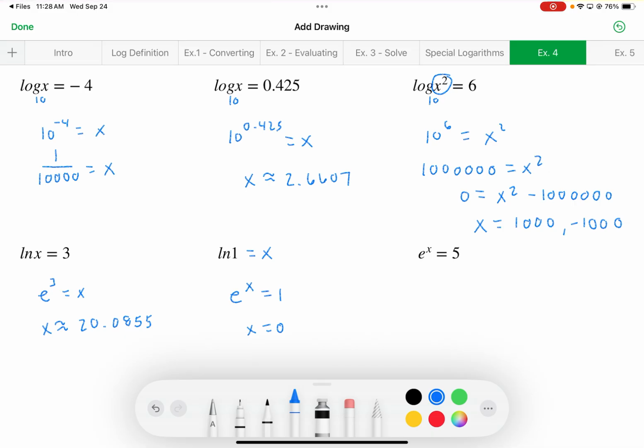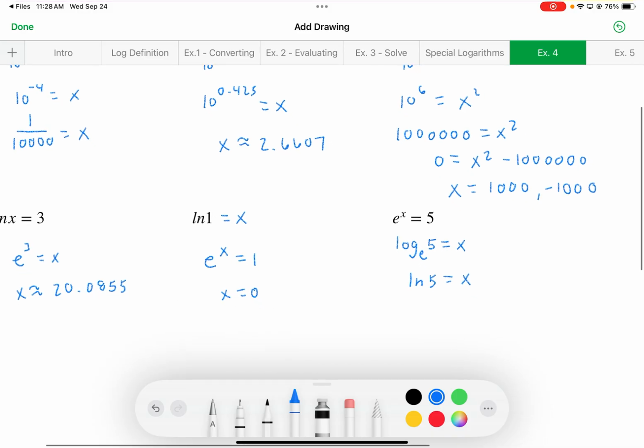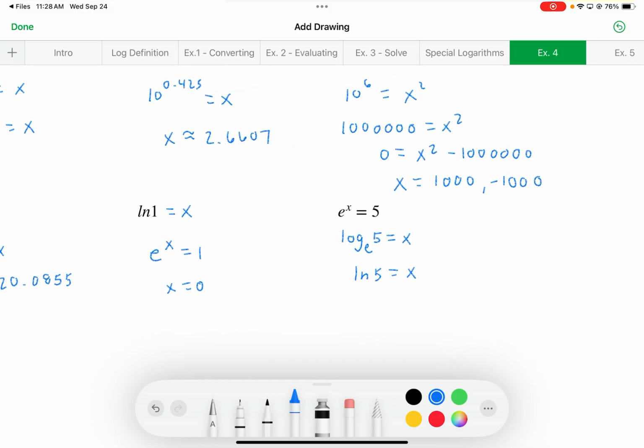All right, then we've got e to the power of x equals 5. That's exponential form. Okay, we're going to go to logarithmic form, which you could write as log base e of 5 equals x. But log base e of 5 should be rewritten as the natural log of 5. And the nice thing about natural logs, our calculators are programmed for them, right?